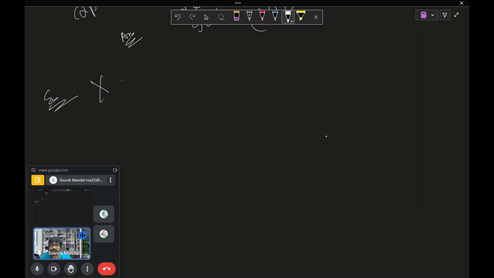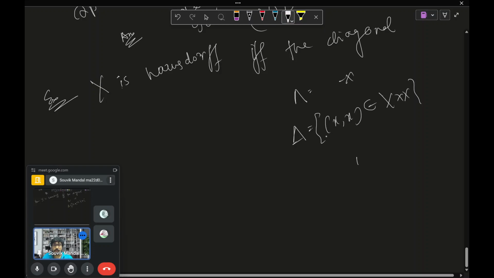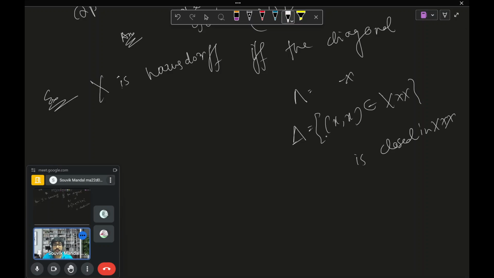Any space X is Hausdorff if and only if the diagonal is closed in X cross X. You understand the question?